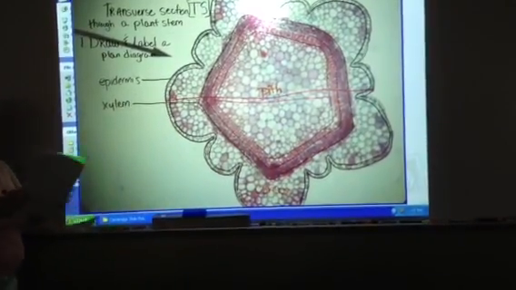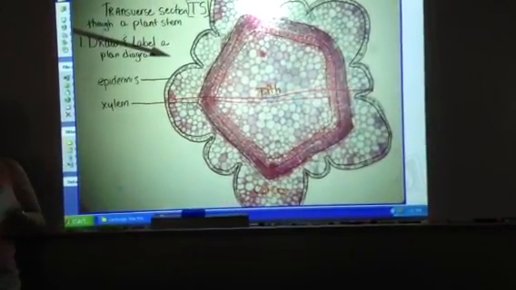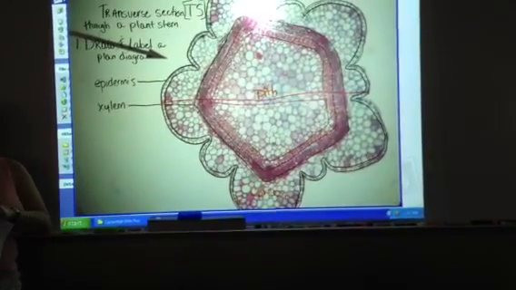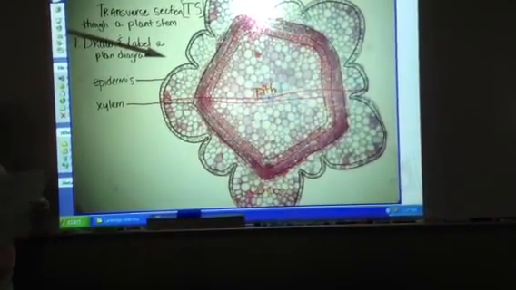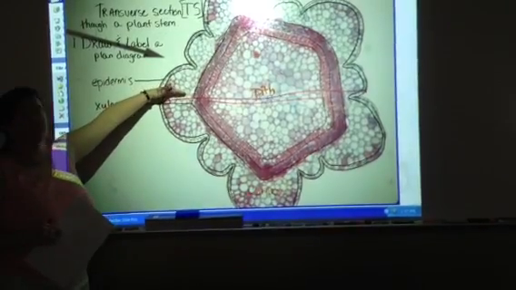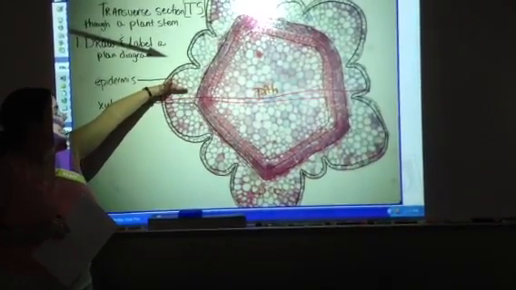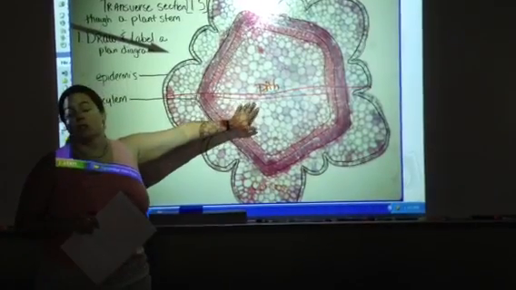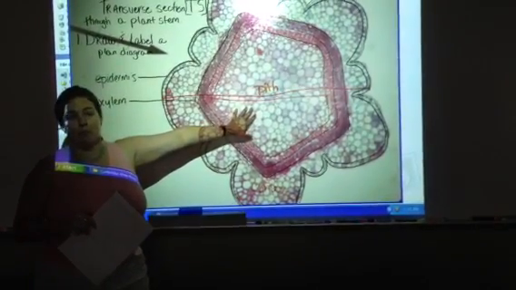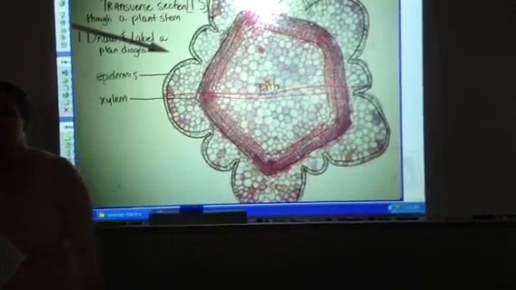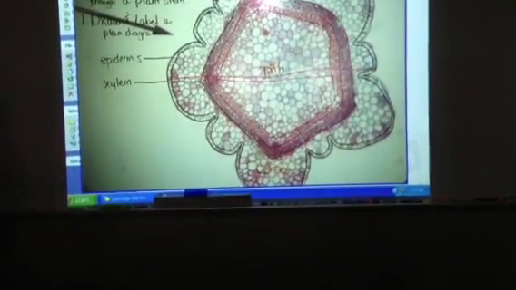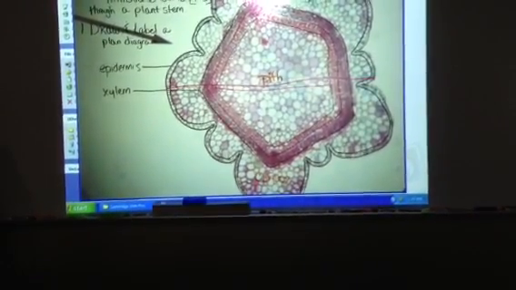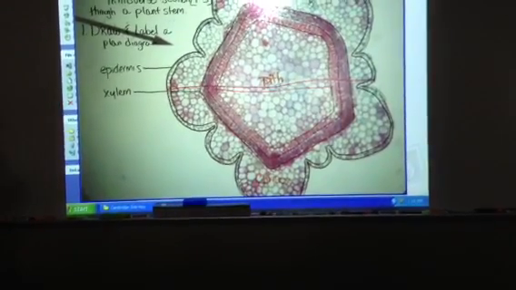You would want to measure both of them using your graticule, because you're looking at a slide. And so you calculate the number of eyepiece graticule units that are across this line that goes across the total diameter, and then the number of eyepiece graticule units going across the pith. And then you would do the ratio. When you do a ratio, you want to leave it as a fraction, and you always want to have the largest number first in this particular instance.